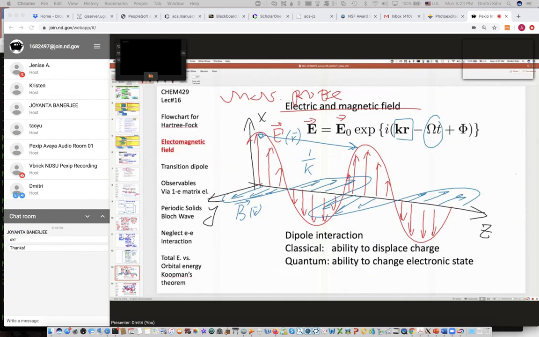Why is electromagnetic radiation important for characterizing properties of materials? Does it have an effect on the displacement of an electron? Yes.